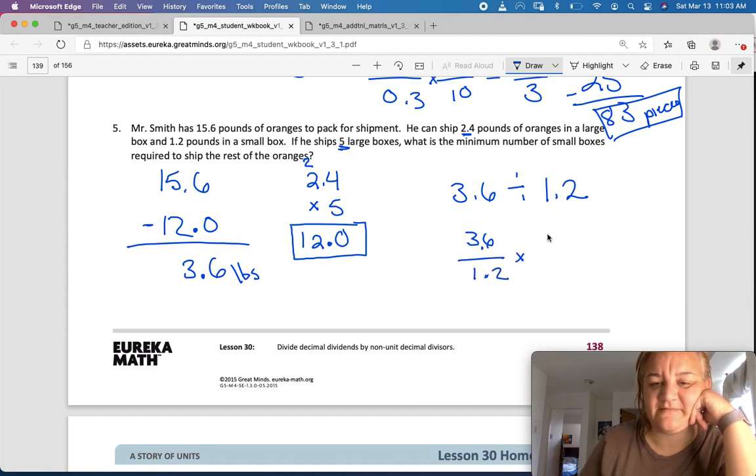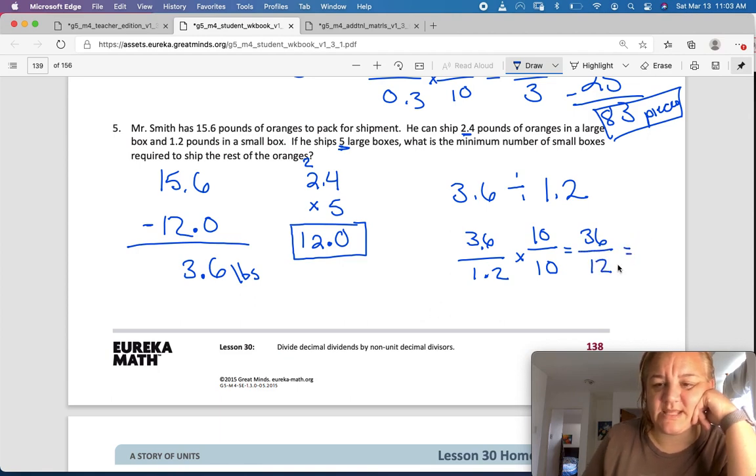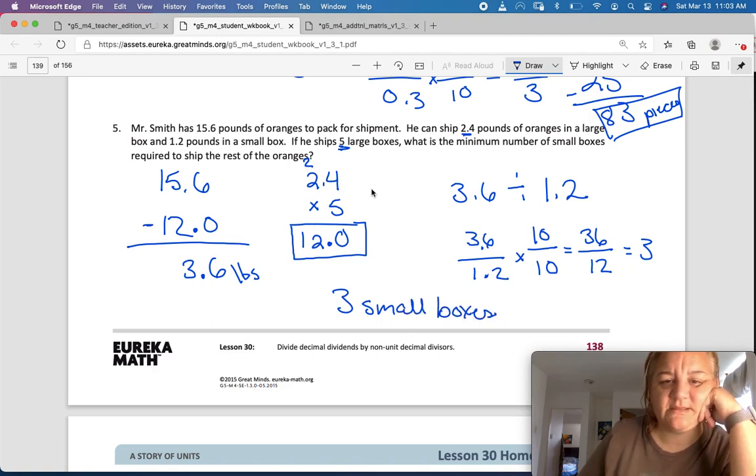And I'm going to multiply that fraction by 10 over 10 so that I can take out the decimal. So the answer here, 36 divided by 12 is 3 small boxes. So he's going to ship 5 large boxes and 3 small boxes.